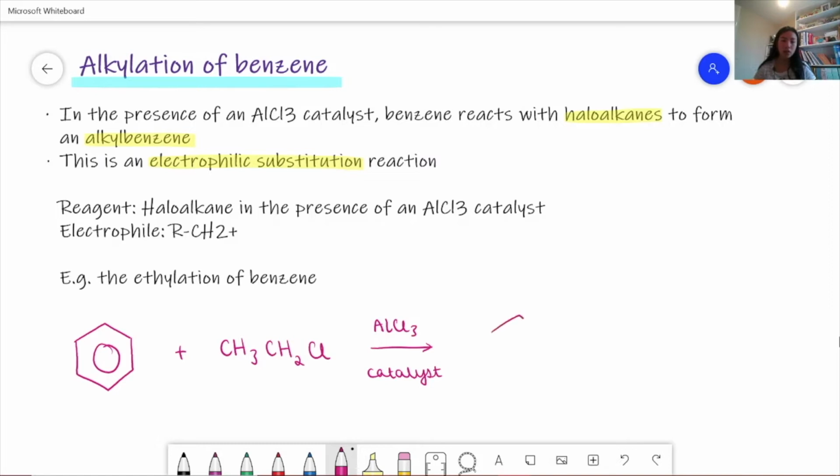And this will form benzene with this newly attached CH2CH3, and what is removed is HCl, because we removed a hydrogen from the benzene, and this will react with the chloride that's been substituted out of this chloroethane. And so what we've formed is ethylbenzene.